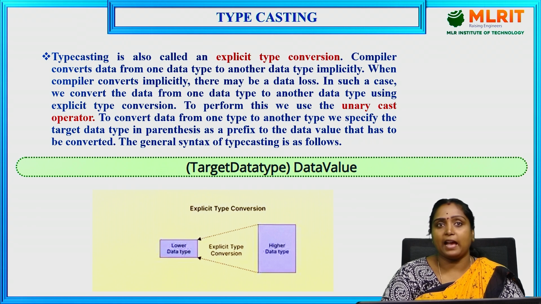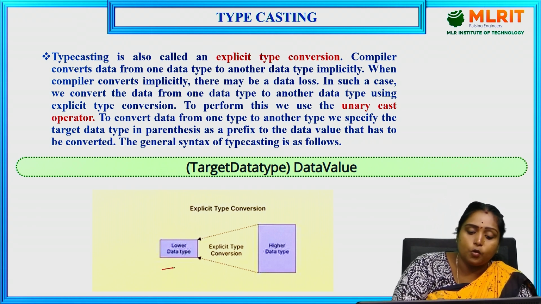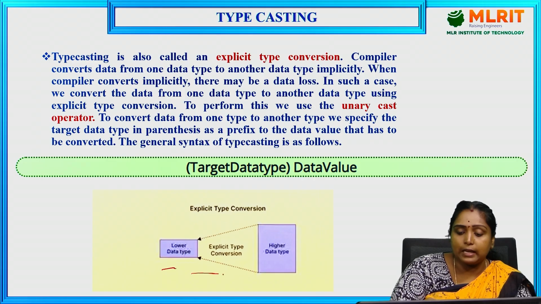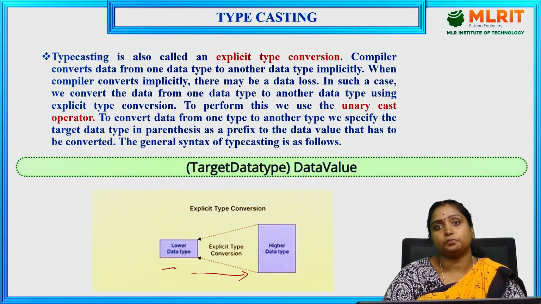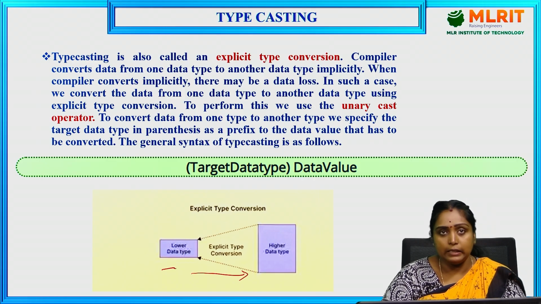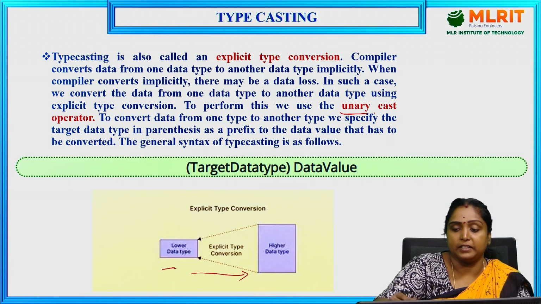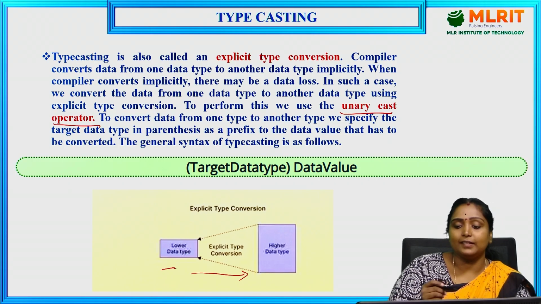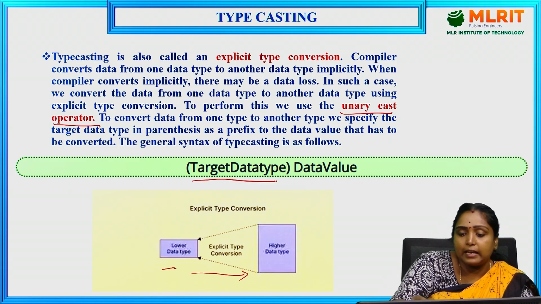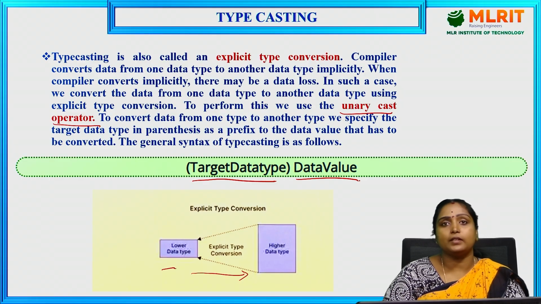Coming to the typecasting, if I want to convert from a lower data type to a higher data type, then the conversion is said to be explicit type conversion. This can be performed using the unary cast operator, which is nothing but the target data type followed by an expression or data value.